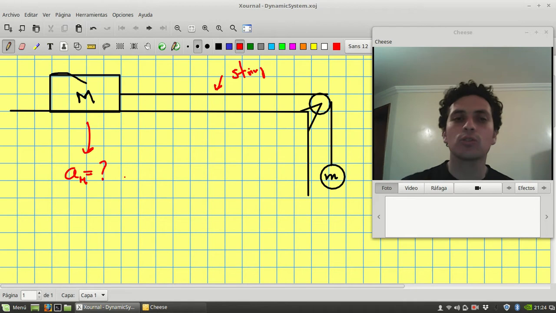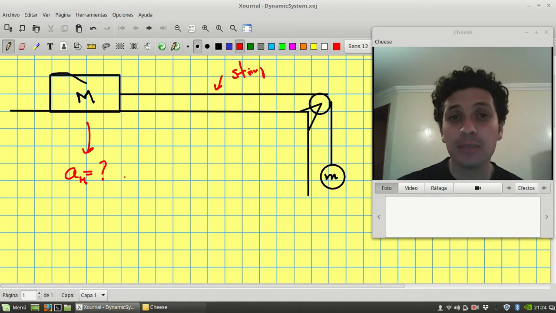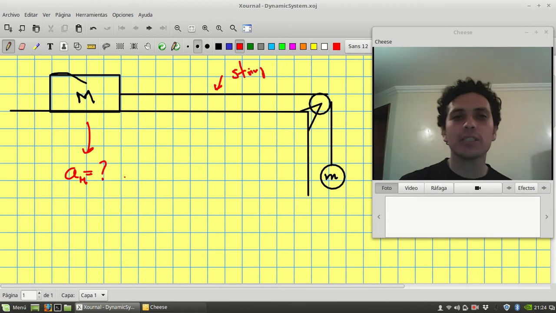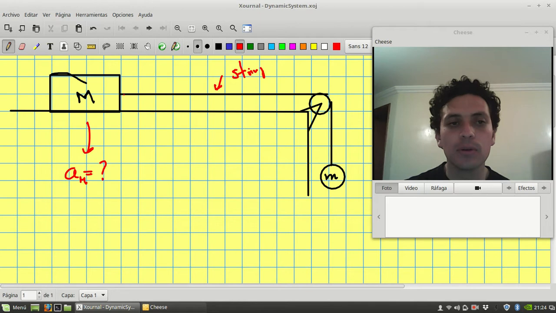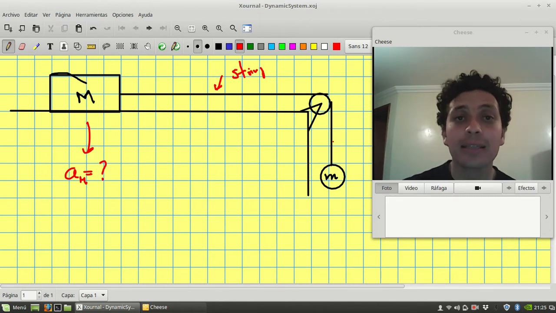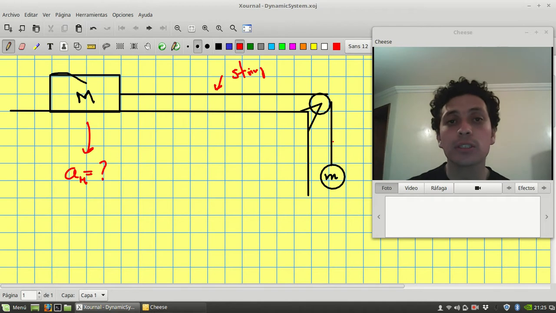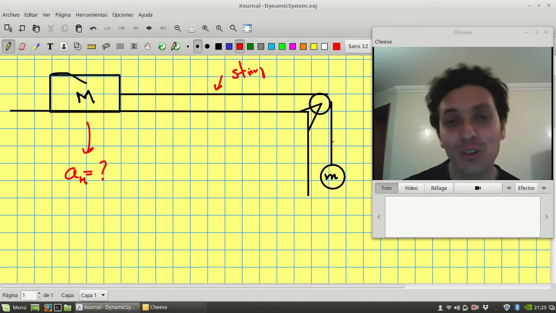But we're going to try a different way to solve the situation by using the dynamic system. If you notice, the string is just a constraint that keeps both bodies together.